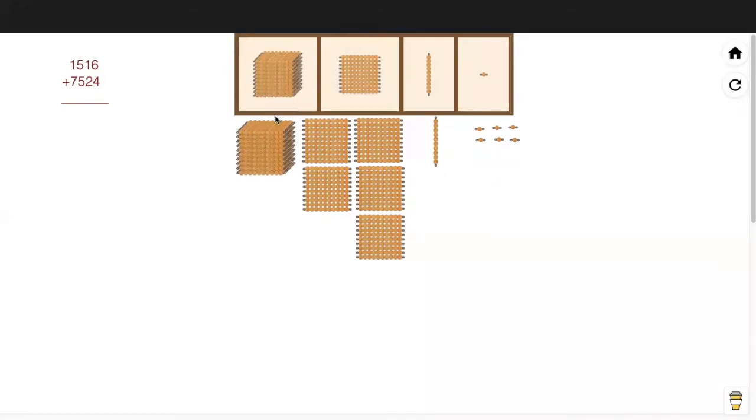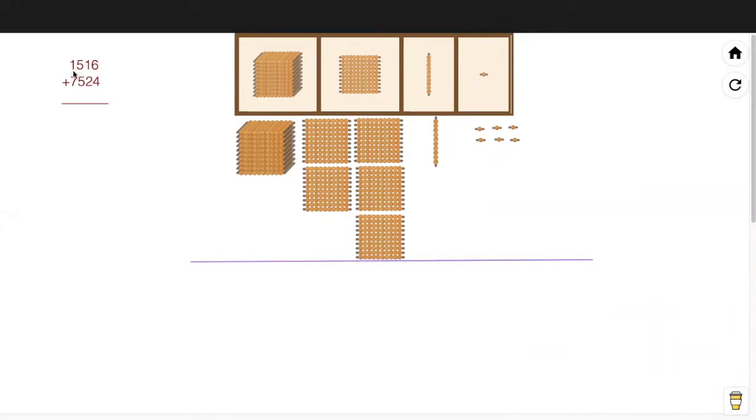I'm going to draw a line underneath so that you can see, just like in the classroom, we would have 2 different trays. So I can build the next number underneath. So we finished building our first number.